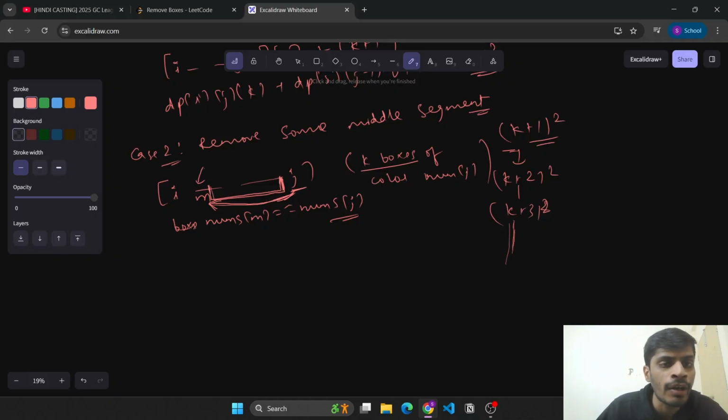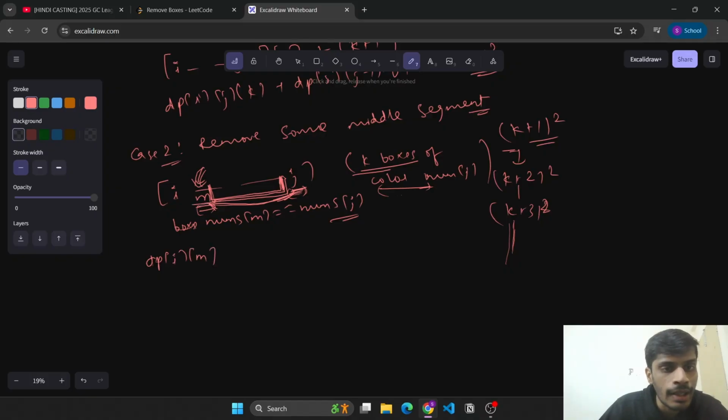We'll identify those points whose color value is the same as the rightmost part. Since we already have k boxes of this color, the new problem will be, since we are removing this part, instead of modifying the nums array, we simply need to solve dp of i, m.